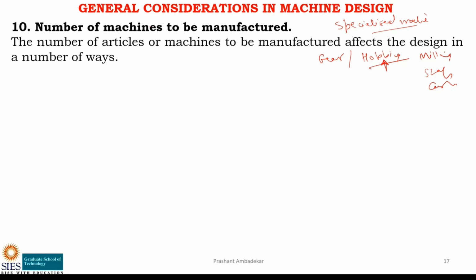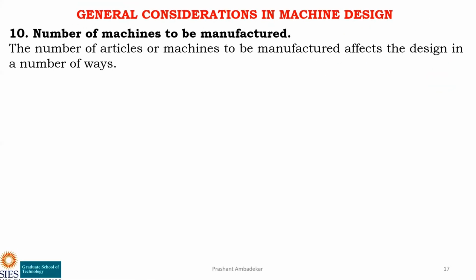So depending on the number of parts to be manufactured, the design may change. This is another factor that has to be kept in mind, the number of products to be manufactured, before finalizing the design.